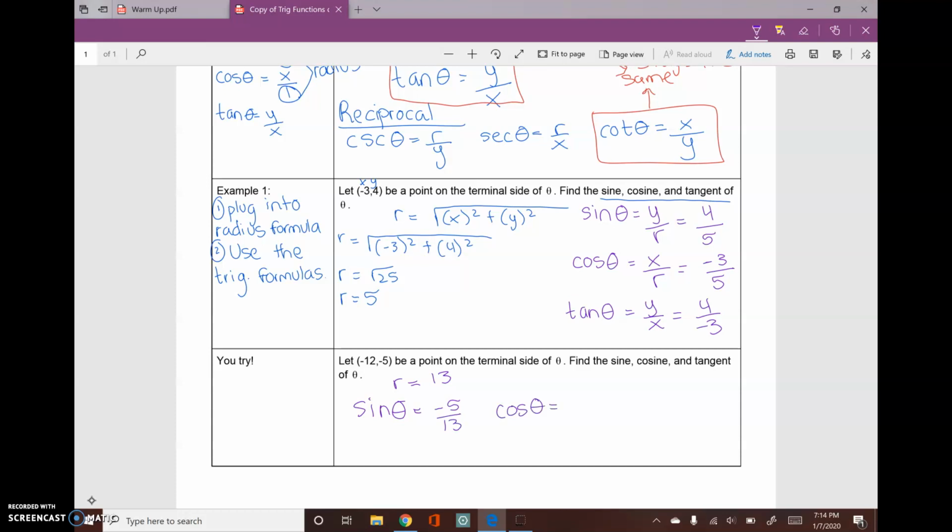For cosine, you should have -12 over 13. And tangent is just -5 over -12. But what happens to the negatives? They cancel, so you have +5 over +12.